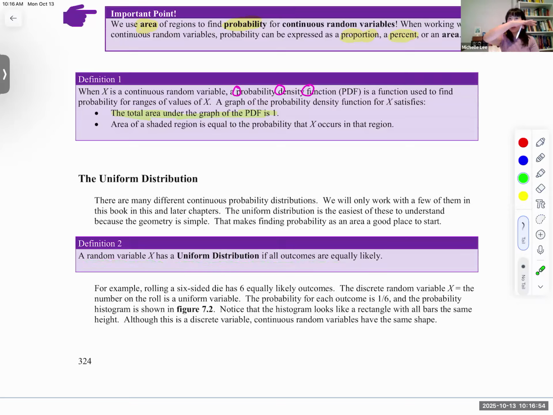Bart riders who transfer at the Millbrae station must wait between 9 to 16 minutes for their connecting train, according to Bart's statistics. Due to scheduling, the wait time for the connection follows a uniform distribution. Find the probability density function for X, the wait time for the connecting train.